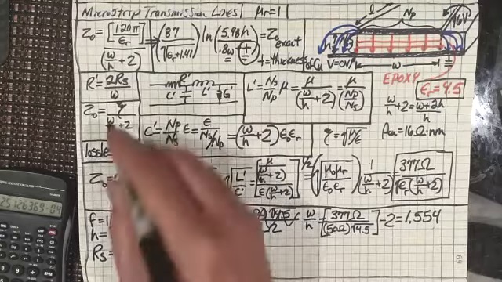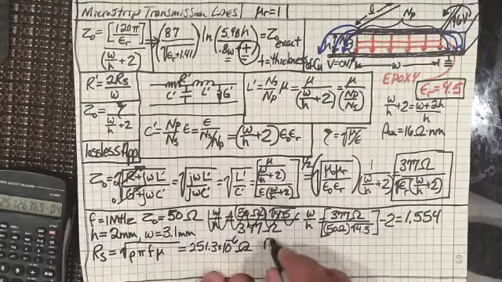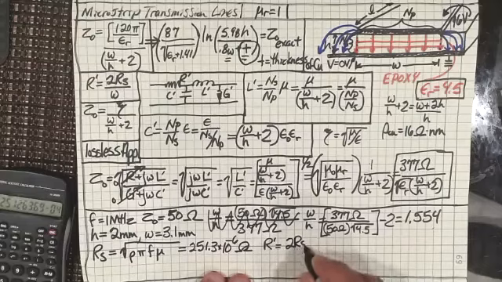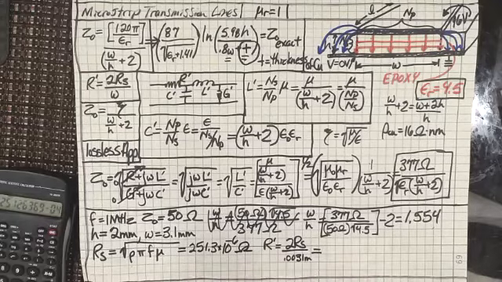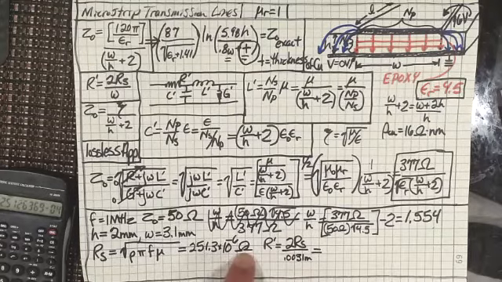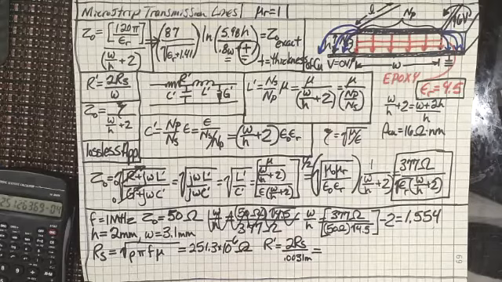R prime, as I've written up here, is just going to be 2 times R sub s divided by W, and of course W is 0.0031 meters. Always remember that we're talking in terms of meters, right? So everything has to be brought back to its primary units so that we can use it with things like R sub s, which are ohms, which are a combination of primary units we know, right?